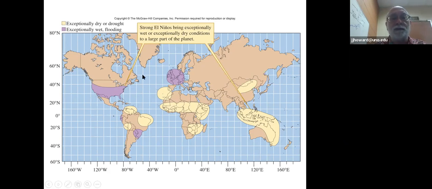I'm sorry, these are wet conditions. These are wet conditions, and these are dry conditions. Now, normally this rainfall would occur somewhere between 3,000 to 5,000 kilometers further east or west. So this rainfall would be occurring off the coast of Canada. This rainfall would be occurring near Hawaii. The dry conditions here that you see would be occurring also much further west.